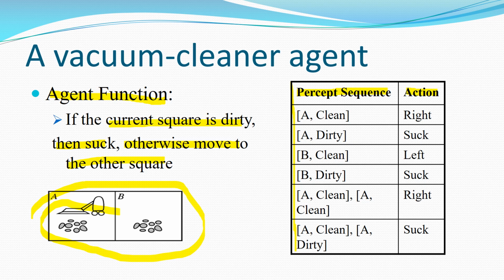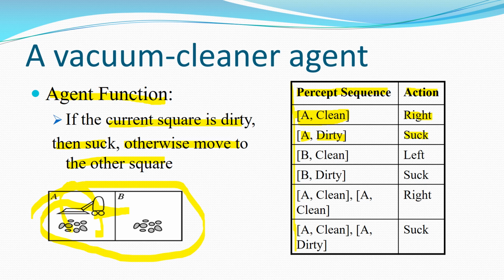The partial tabulation of this agent function is given in this table. Now here we have already seen that if the vacuum cleaner is in location A and if location A is clean, in that case it has to move right. If the vacuum cleaner is present in room A and if it is dirty, then the action would be suck.